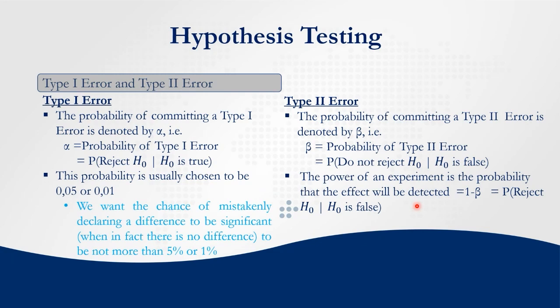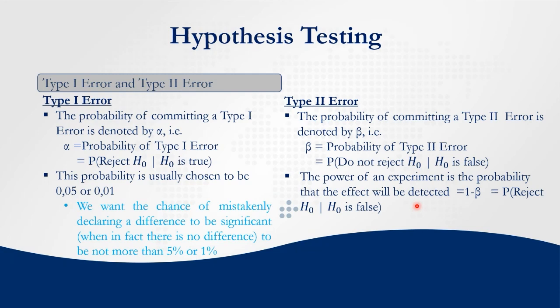So when we say H naught is true, we are saying that in actual fact it is true, in the sense that if we were to gather more evidence by collecting from the entire population, we would find that it's true.